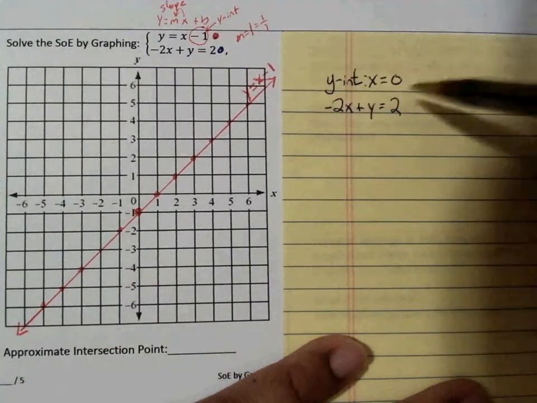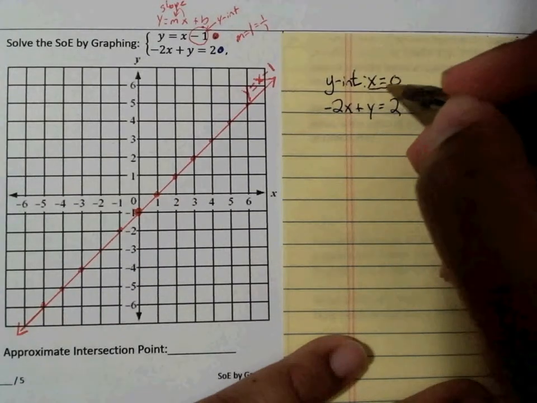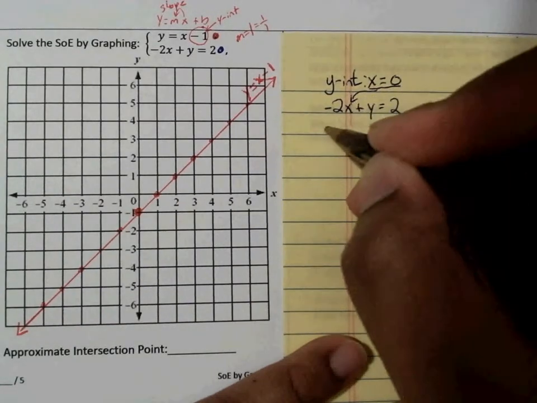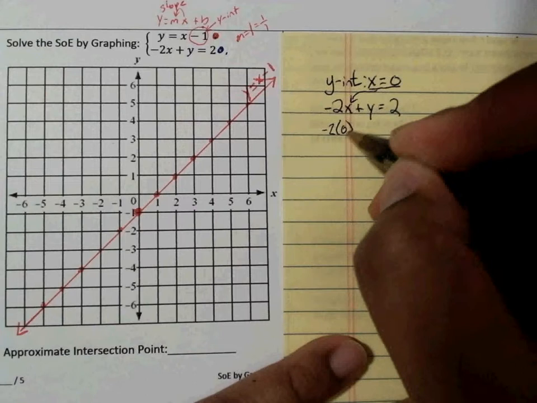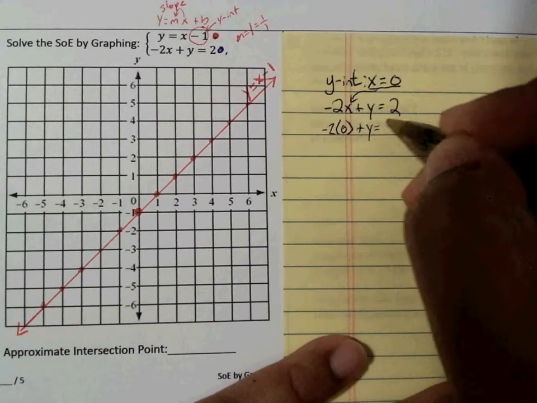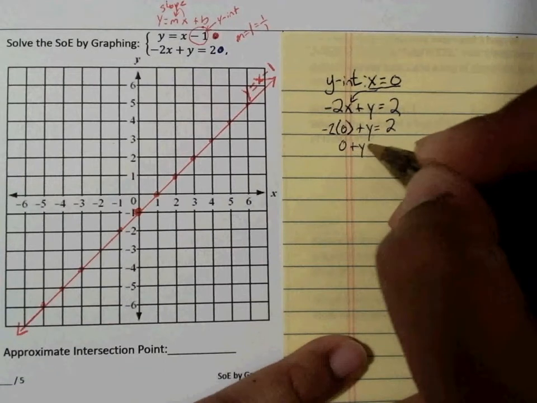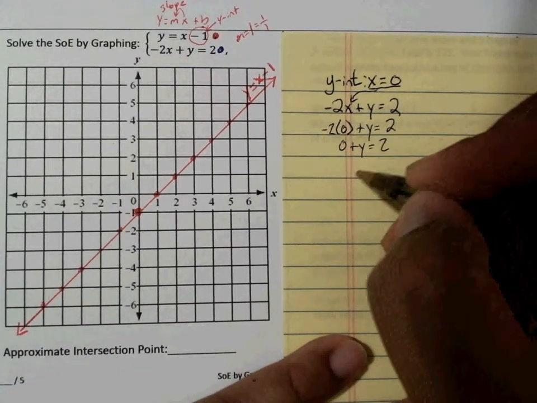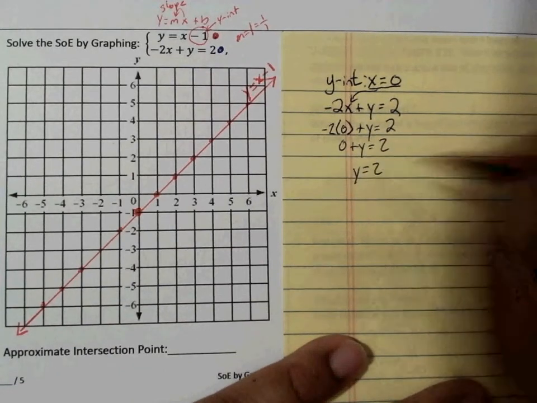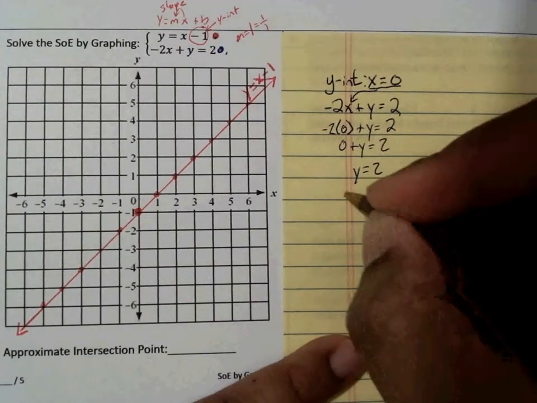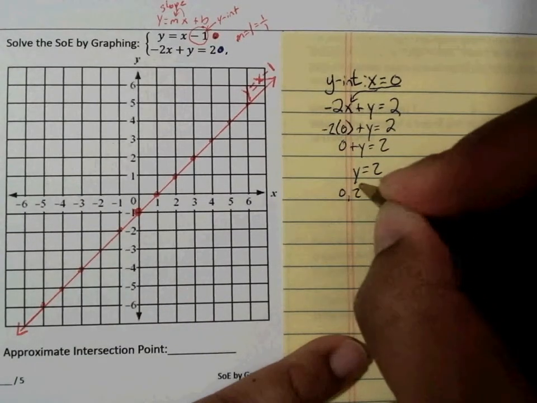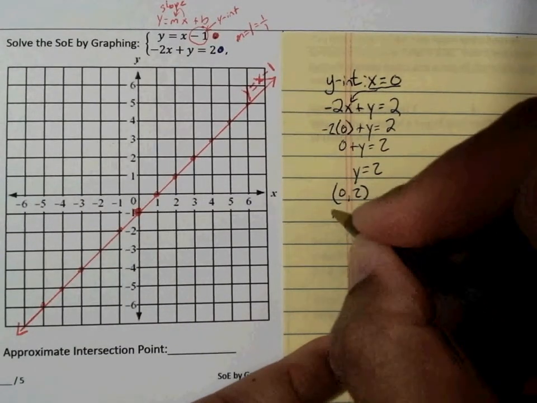So I just rewrote this equation. And everywhere x is, I'm going to put 0. So we're left with -2 times 0 plus y is equal to 2. And we know 0 times that is 0. So all we're left with is y is equal to 2. So we know we have the ordered pair 0, 2.